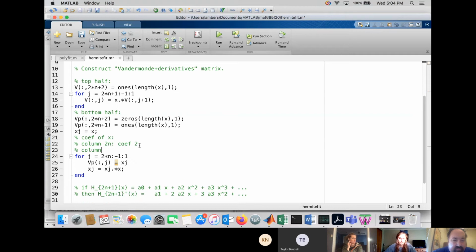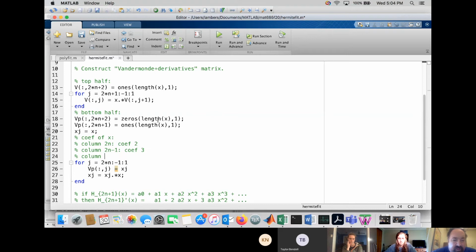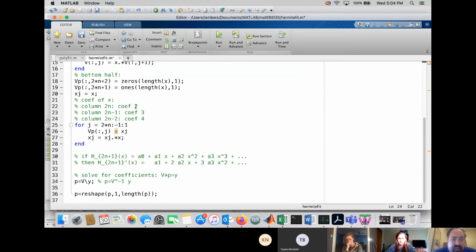Column 2n minus 1, the coefficient is equal to 3, and so on. So the column index keeps decreasing. The coefficient of x keeps increasing.